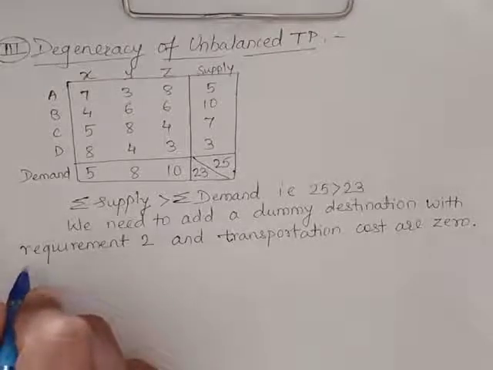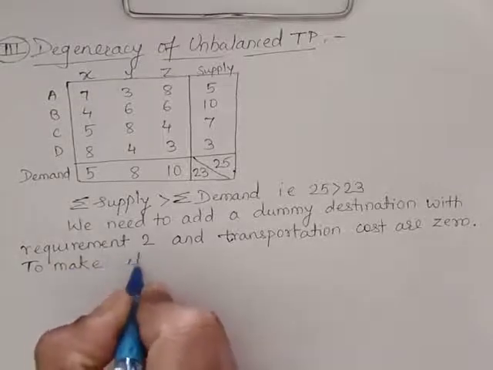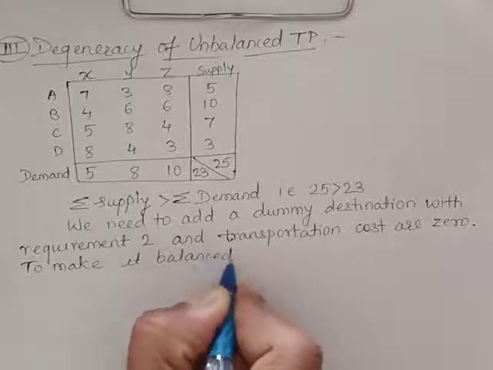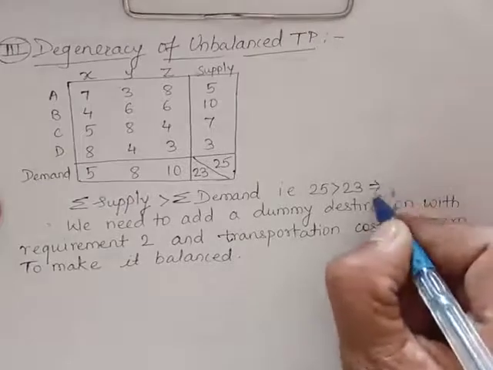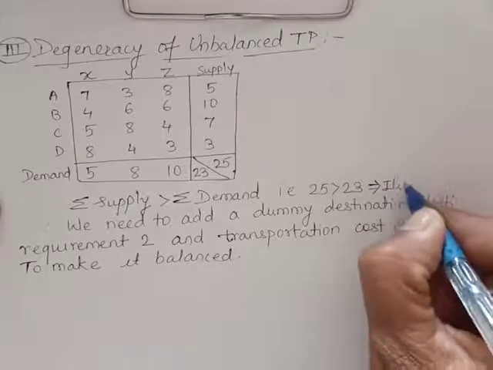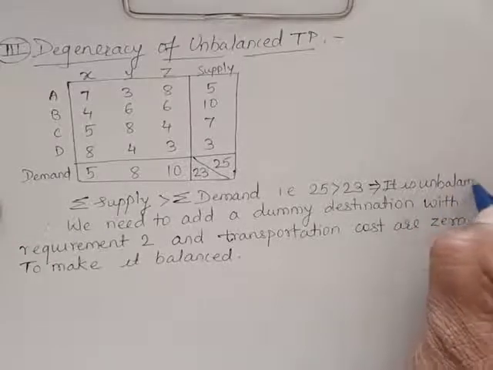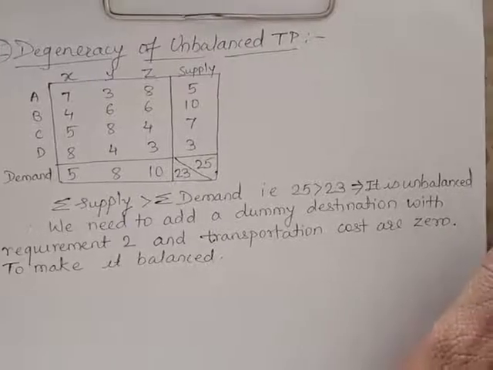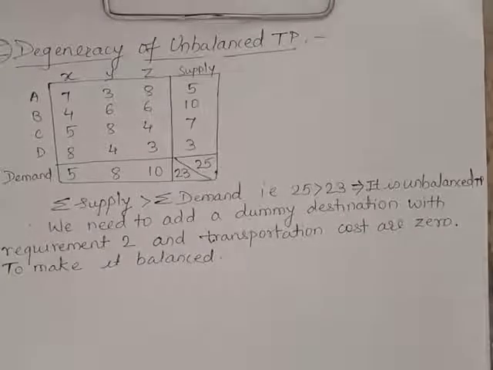As, or to make it balanced. First, to make it balanced, as what can we say here, it is an unbalanced transportation problem, unbalanced TP. You can say it as such here.